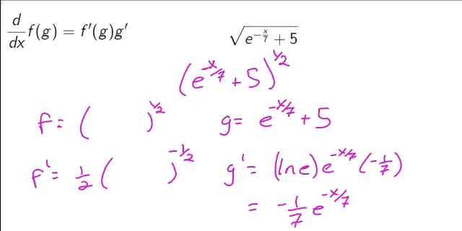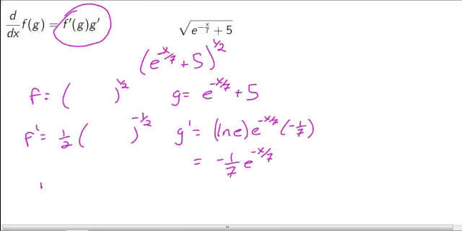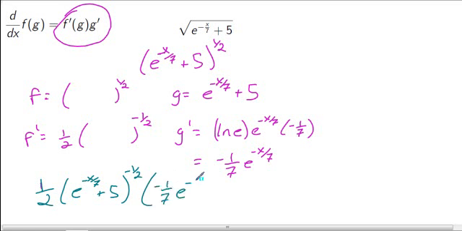So piecing it all together, using my notation there, my final answer is going to be 1/2, my inside piece, e to the negative x over 7 plus 5, raised to the negative 1/2, times my g prime, which is right here, negative 1/7 e to the negative x over 7.